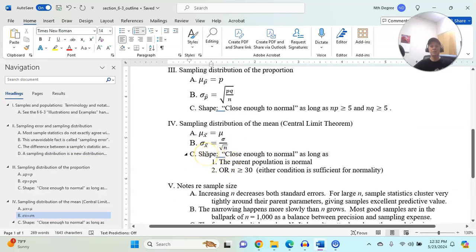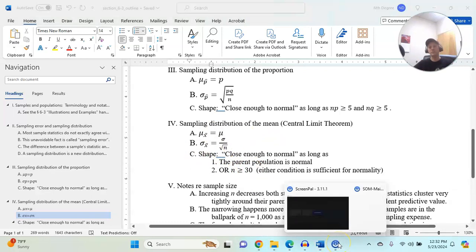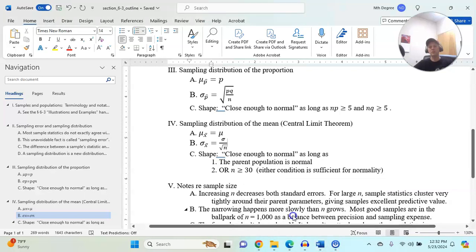And the shape of this distribution is basically close enough to normal as long as one of the following two things occurs. Either the parent population is normal or the sample size is at least 30. You don't need both, you only need one. If the parent population is normal, it doesn't matter how big the sample is. If the sample is large enough, it doesn't matter what the parent population looks like. But one of those things needs to occur in order to use normality.